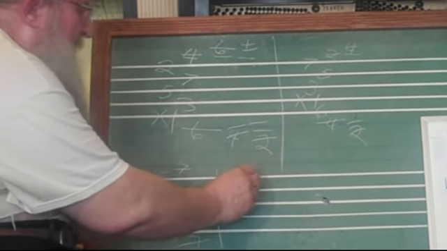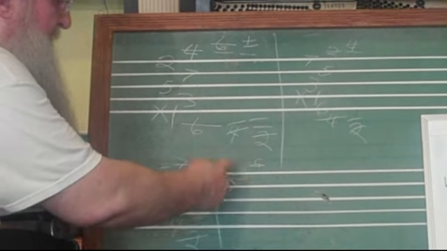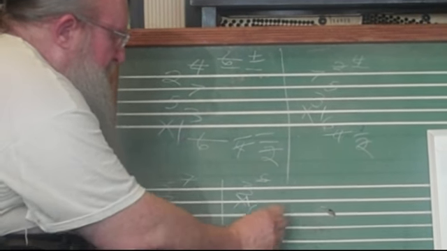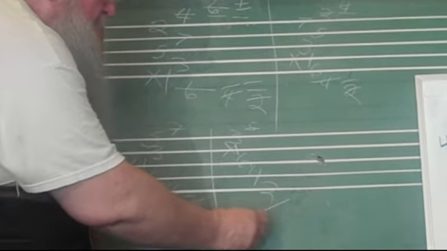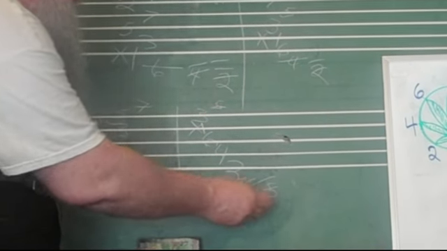If that's the number 1, then this is 3, and the ledger line above that would be 5, and rotating this system backwards, 1, 6, 4, 2, ledger line under, 7, 2 ledger lines under, 5.